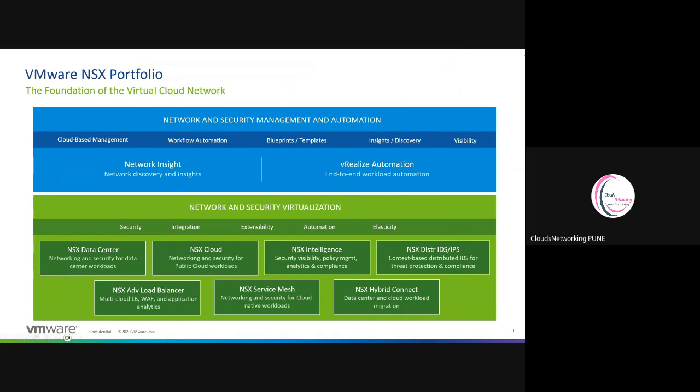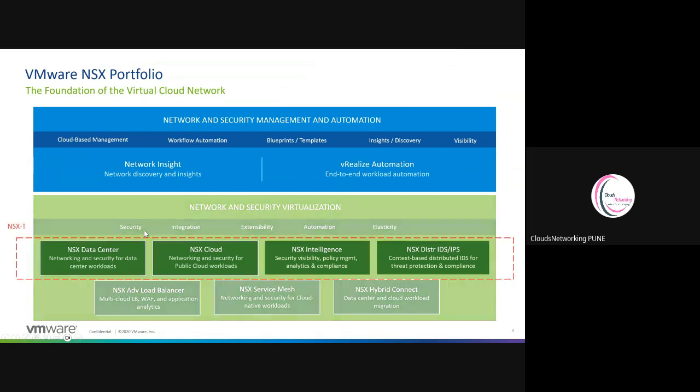Broadcom is a big company that acquired VMware. So now it's Broadcom or VMware, whatever you call it. It also provides security, integration, extensibility, automation, and elasticity. We are going to cover all these things one by one, so be there with me.